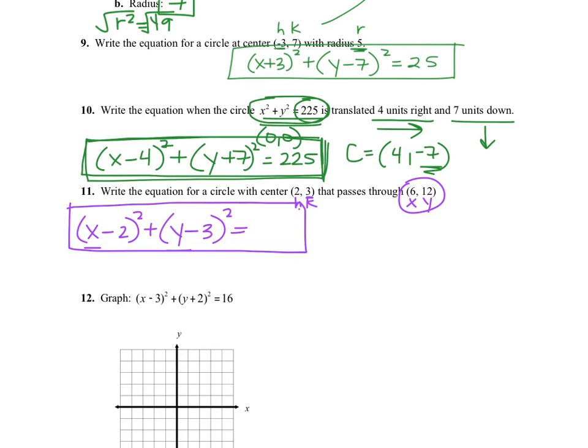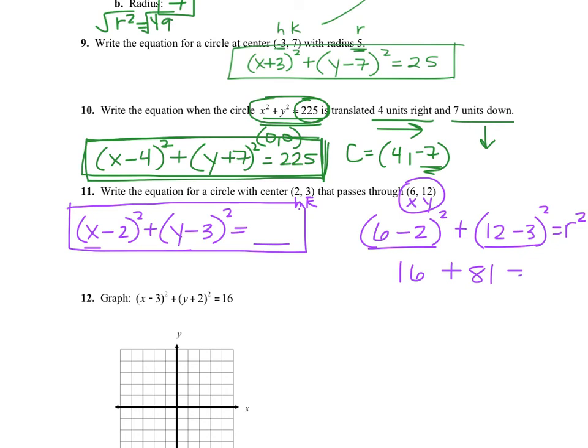So it's (x − h)² + (y − k)² = the radius squared. So this is 4 squared, or 16, plus 9 squared, or 81, equals r squared. So add those together, and you get 97 is your r squared.